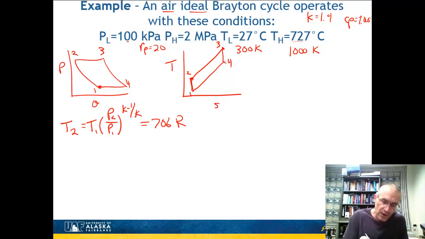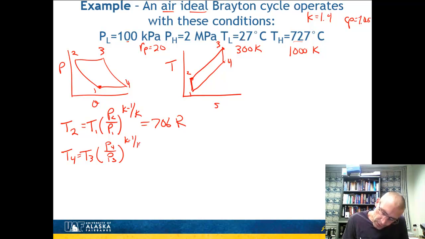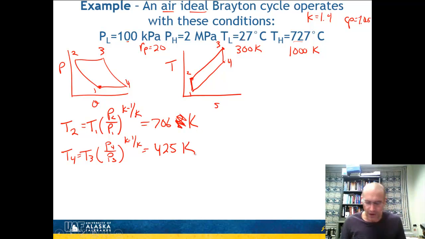So I can go ahead and find out what T4 is. T4 is T3 times P4 over P3 to the k minus 1 over k, to give myself T4, and that right there is 425. I'm sorry, I said Rankine, this is Kelvin. That's in Kelvin as well.